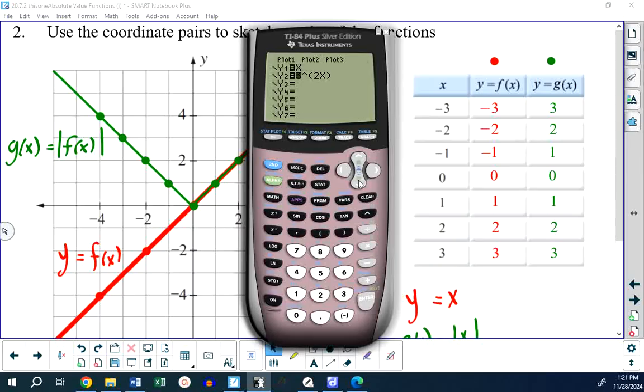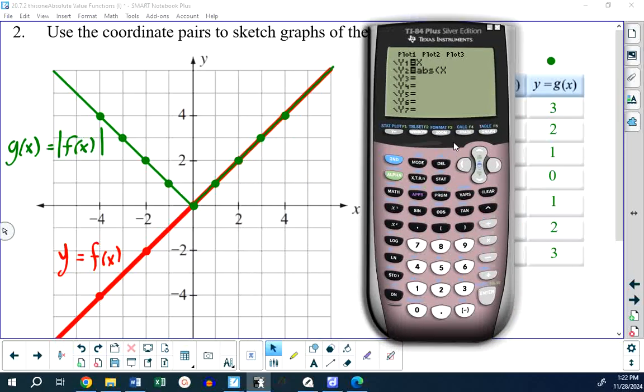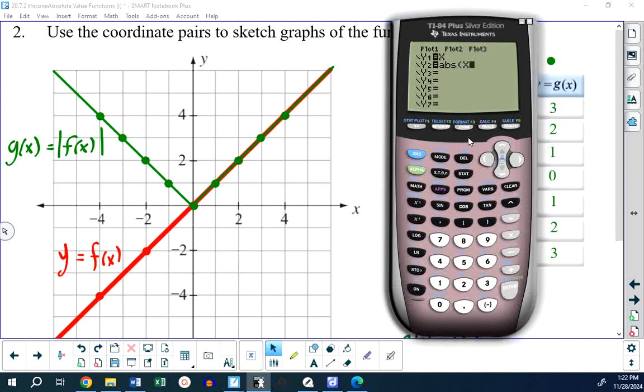So y is equal to x, and y is equal to, you go math over to number, absolute value of x. Now, do you agree that these two lines are at 45 degrees? All of the lines are at 45 degrees.